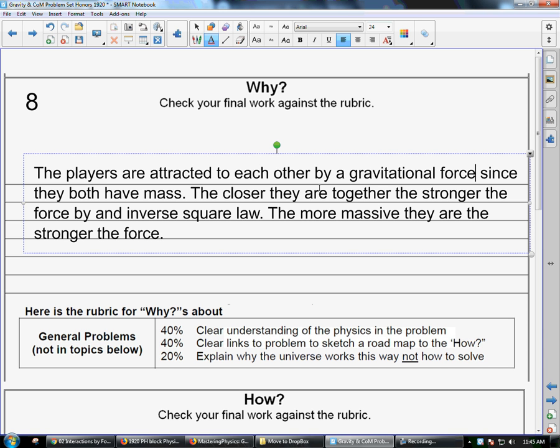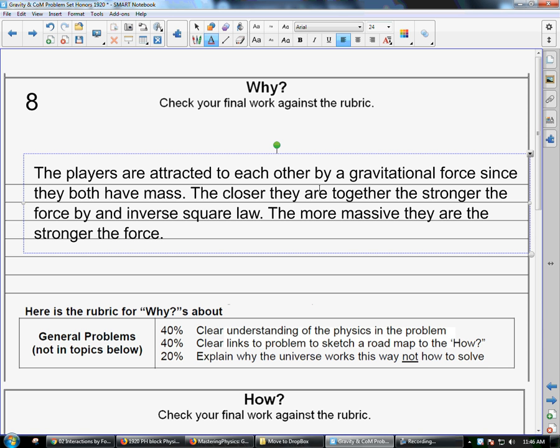Then, if they're closer, it's going to get stronger, it's inverse square, and the more massive, the stronger. So everything is based on their mass and how far apart they are. And that gives me clear links to the problem, because I'm talking about the players, and not just that everything is connected to everything else with mass. That doesn't address this problem.